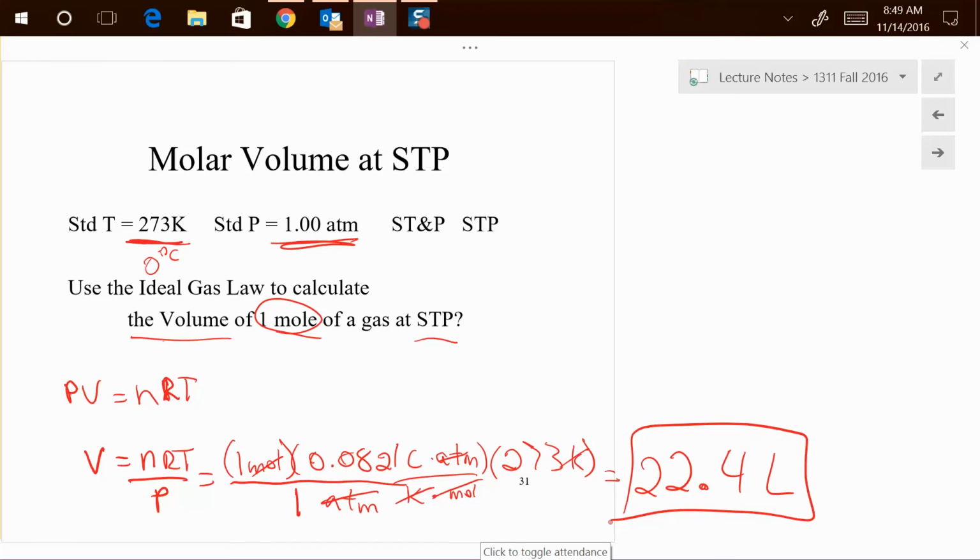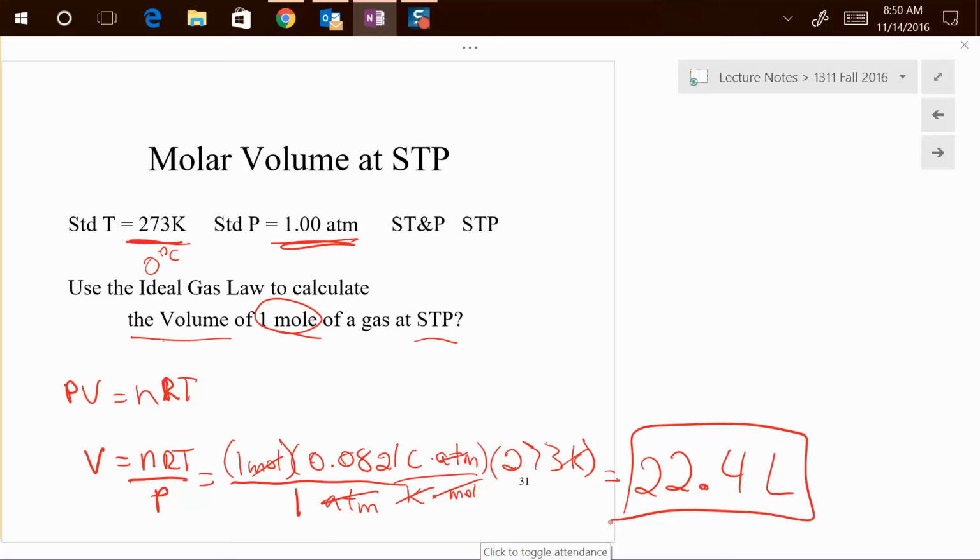Okay? So if you have a gas, did they specify what gas this was? Did they say this was carbon dioxide or helium or hydrogen or oxygen? No. They just said if you have 1 mole of any gas at 1 atmosphere and 0 degrees Celsius or 273 Kelvin, the volume of that gas will be what? 22.4 liters.